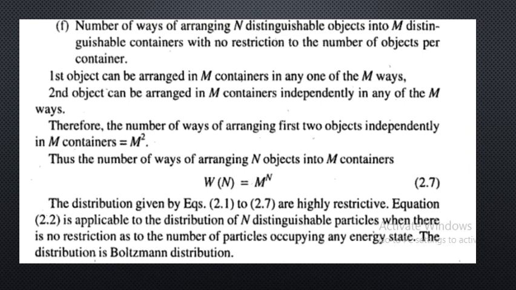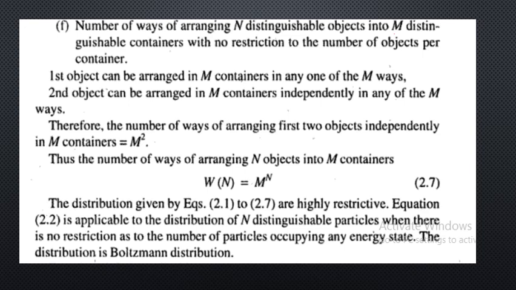Last problem: the number of ways of arranging n distinguishable objects into m distinguishable containers with no restriction on the number of objects per container. The first object can be arranged in m containers in any one of the m ways. The second object can be arranged in m containers independently in any one of the m ways.